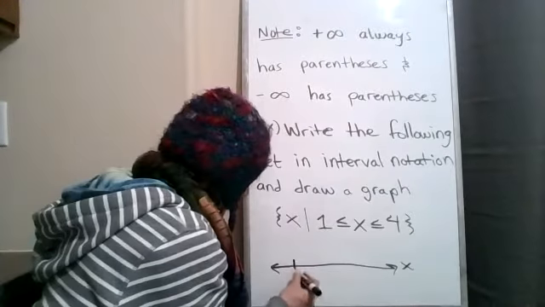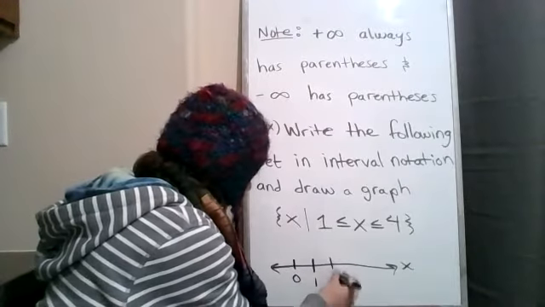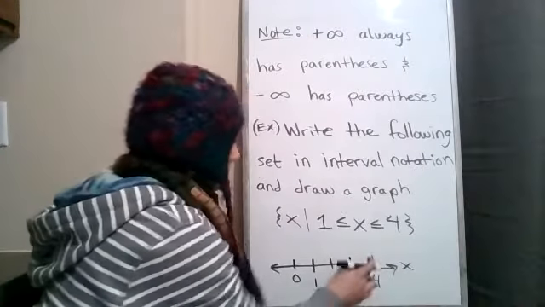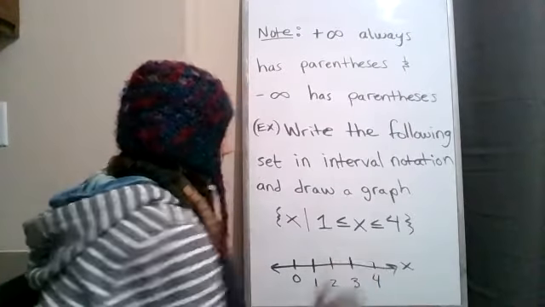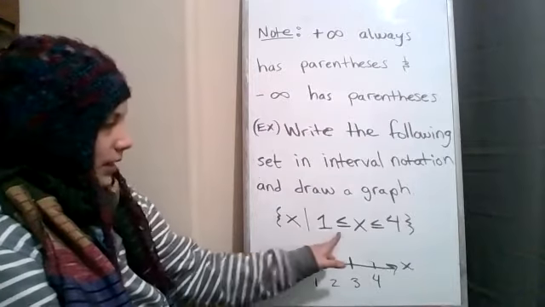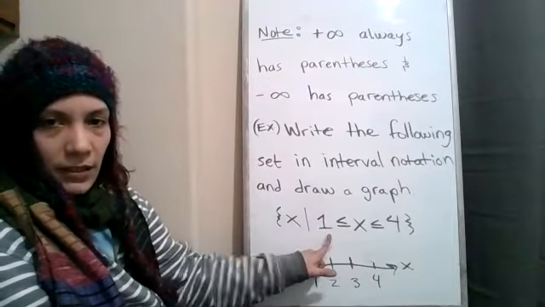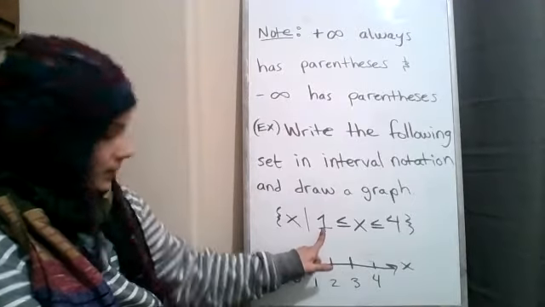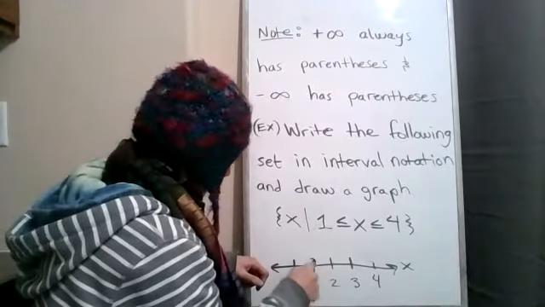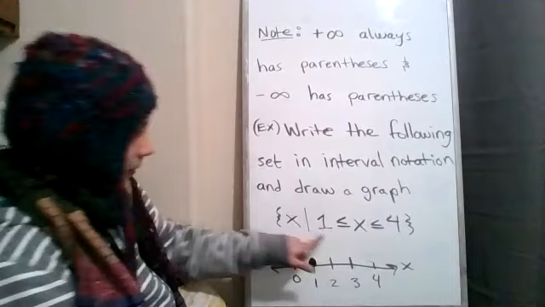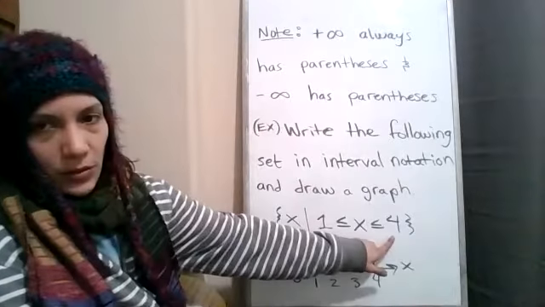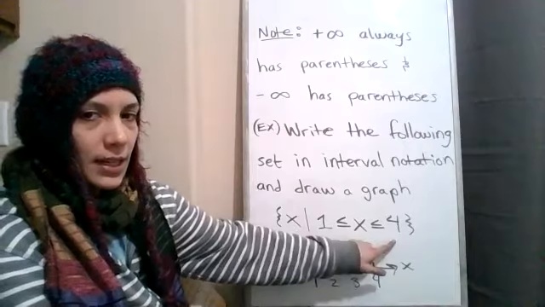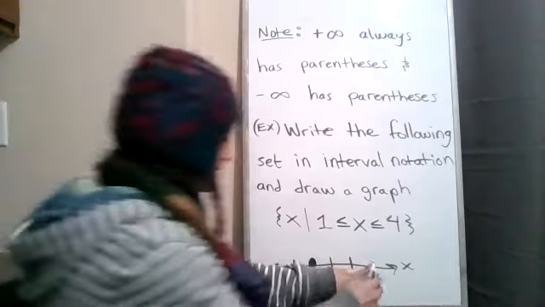Let's go like 0. x is greater than or equal to 1, so we will include 1. We put a closed circle on that. x is less than or equal to 4, so you can include 4 with this little piece of an equal sign, and put a closed circle here.